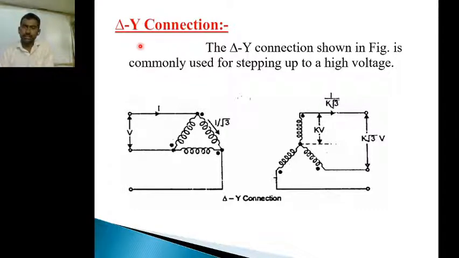That means it isolates the transmission losses towards the source side, and on the receiving side, the load side, also eliminates them. So for protection purposes, in most cases in transmission lines we use the delta-star connection, and the representation of the delta-star connection is this one.